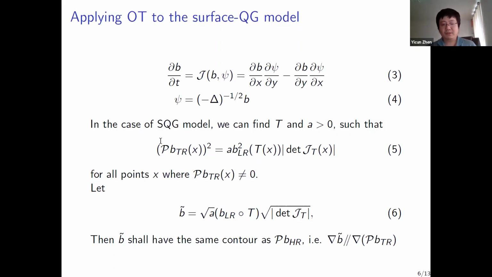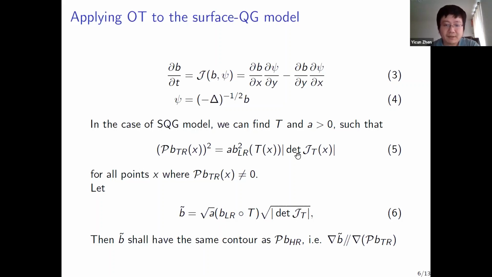And so in the case of the SQG model, we can look for a transport T and a constant A, which is positive, so that the projection of the true buoyancy squared equals the constant A times the low resolution buoyancy squared composed with T, times the determinant.